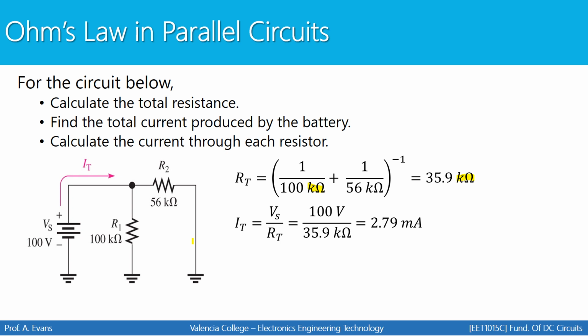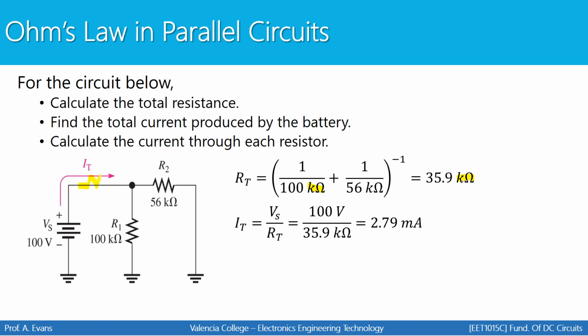In order to do that, we're going to remember that resistors in parallel have the same voltage. So R1 and R2 have the same voltage. In this case, R1 and R2 are also in parallel with the source. In general, I can say that because there are no other resistors along this path.